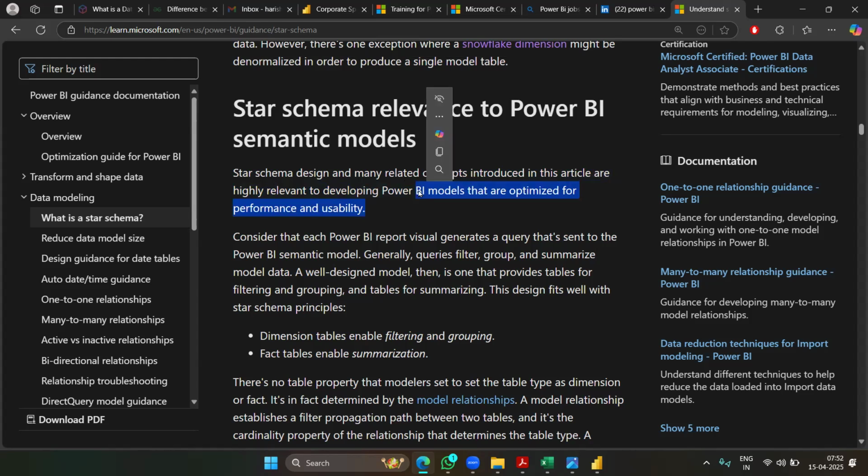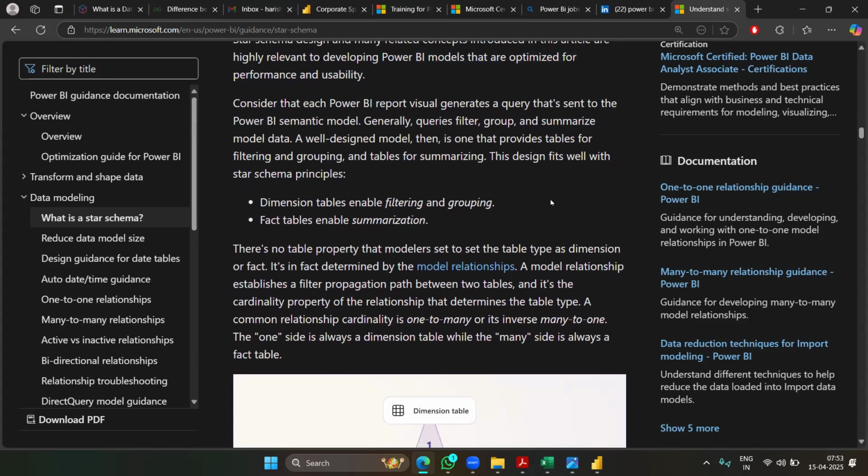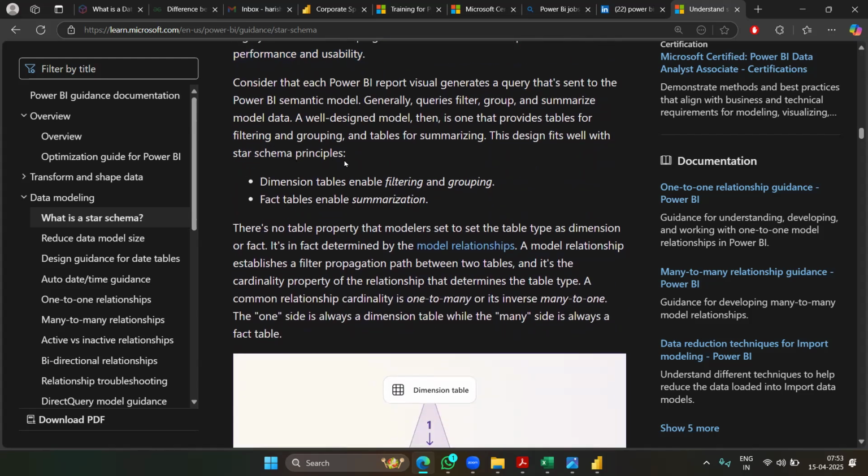In the current world, a single table model is not practically feasible. So we should have multiple tables in the star schema. The design fits well with star schema principles. A well-designed model is one that provides tables for filtering and grouping, and tables for summarization.